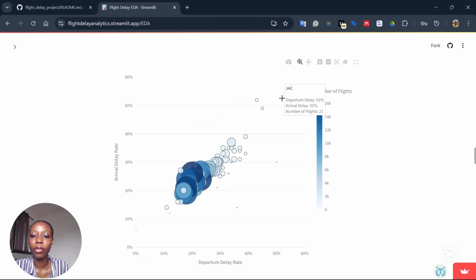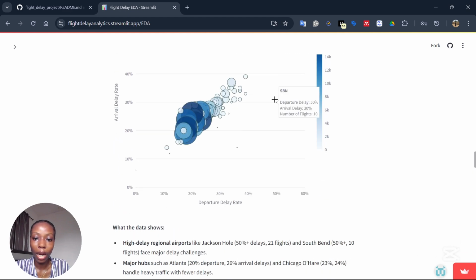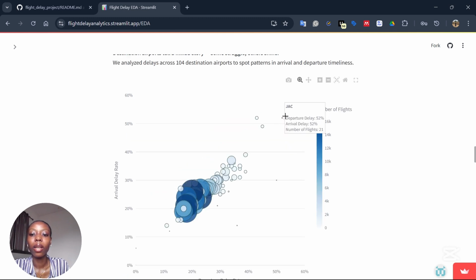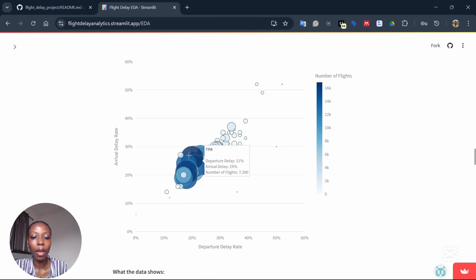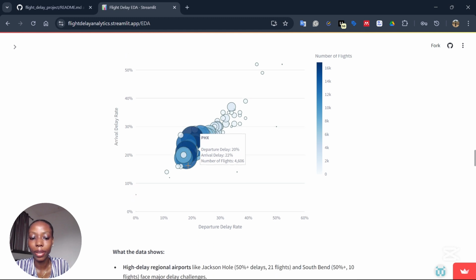While some airports with a lower number of flights, like Jackson Hole and South Bend, have a number of flights at 21 and 10, they still have a high delay rate at 50%, 30%, 52% and 52%, compared to airports like DCA, Atlanta, and Phoenix that have thousands of flights and lower delay rates.